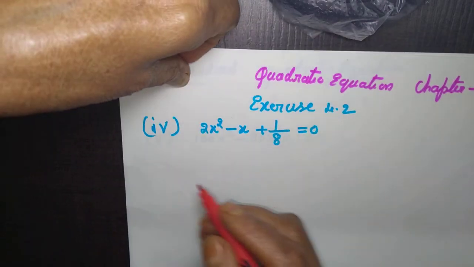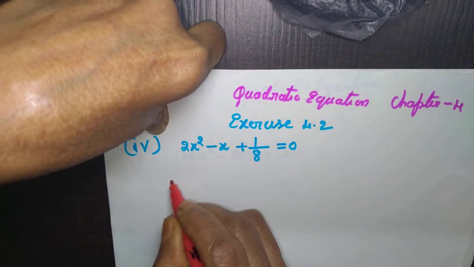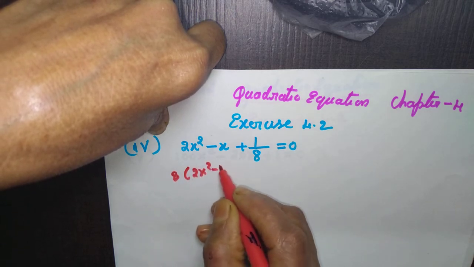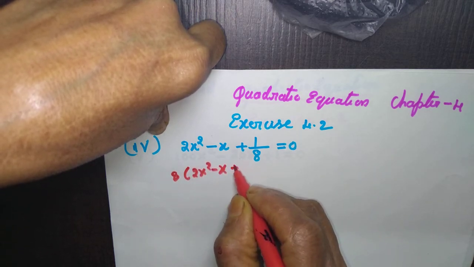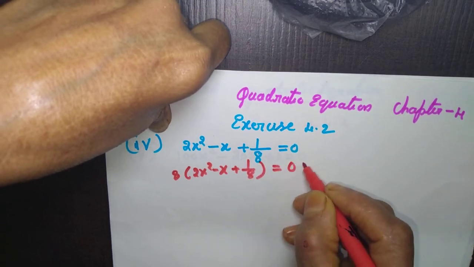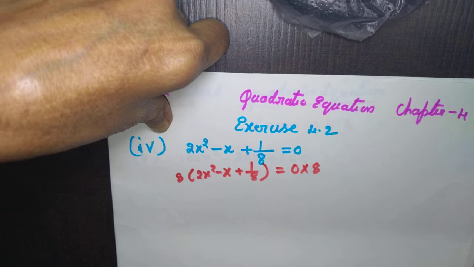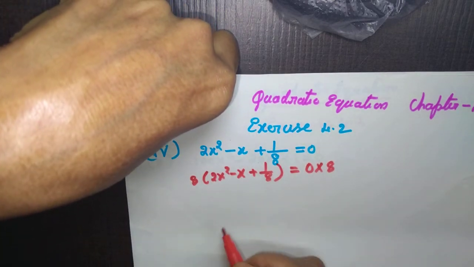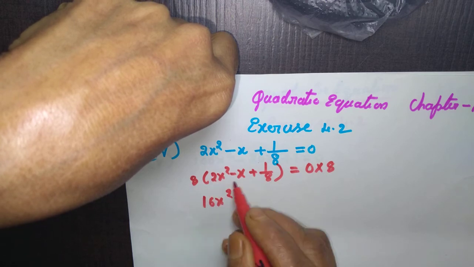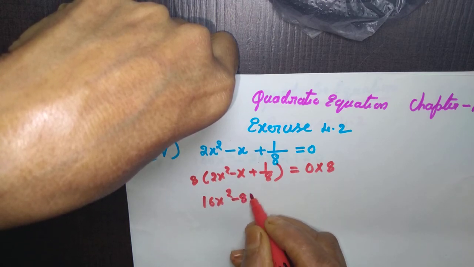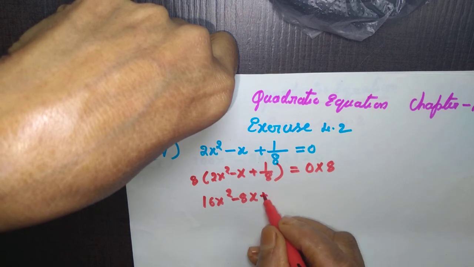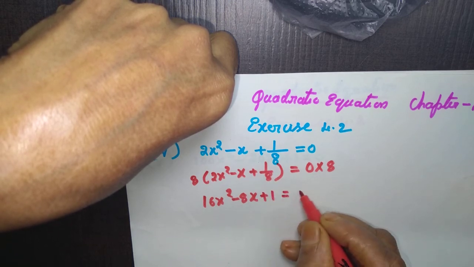Then 8 into 2x square minus x plus 1 by 8 is equal to 0, the value will not change. 8 into 2 is 16x square, 8 into minus x is minus 8x, and 8 times 1 by 8 gives 1, that is equal to 0.